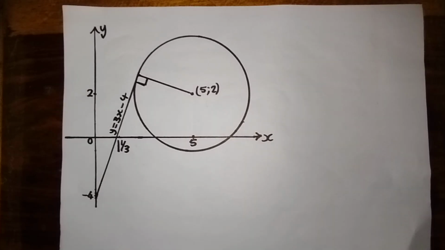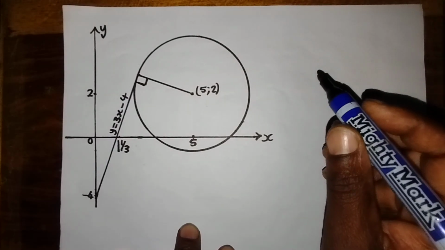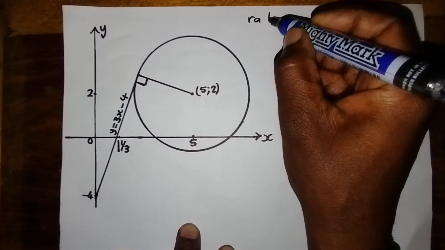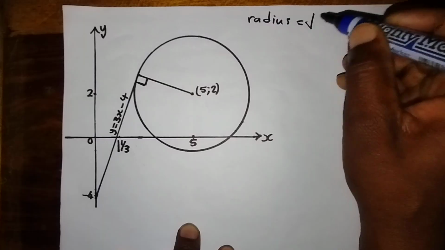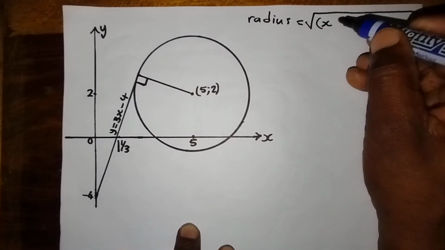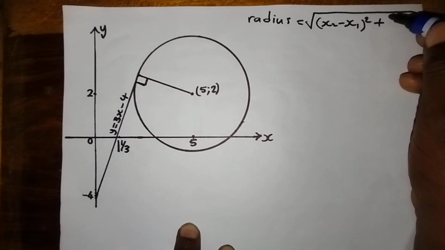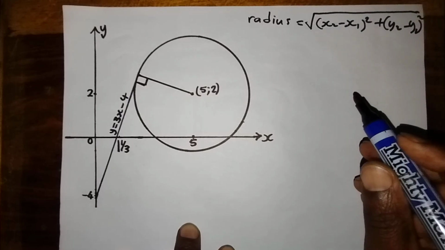If you want to find the length of a straight line that passes through 2 known points, you use the formula: the square root of (x2 minus x1) squared plus (y2 minus y1) squared, all under a single square root.